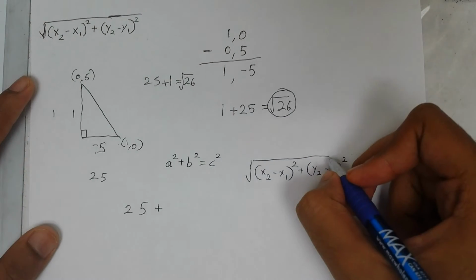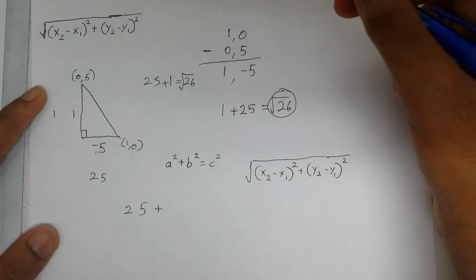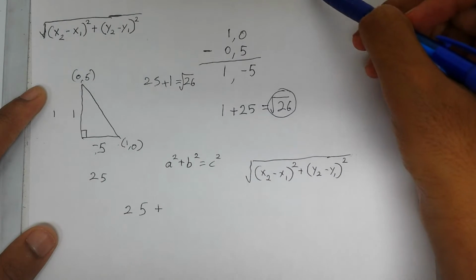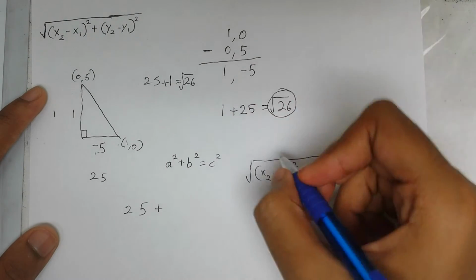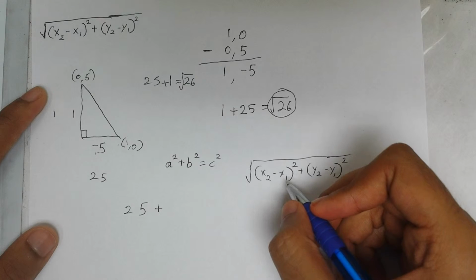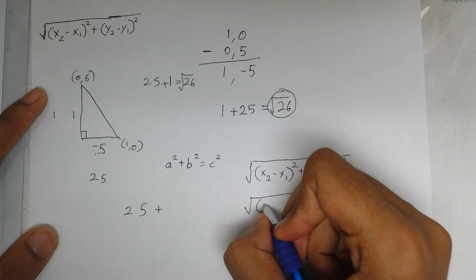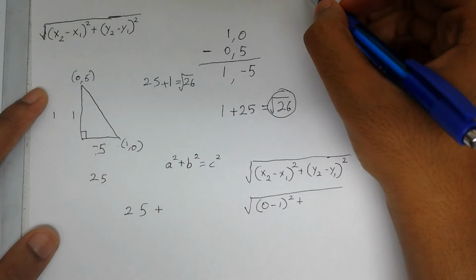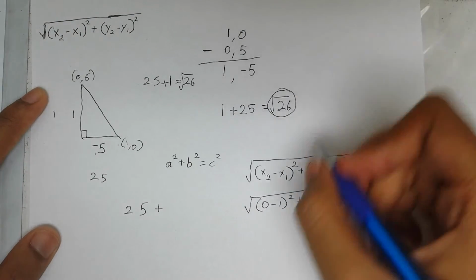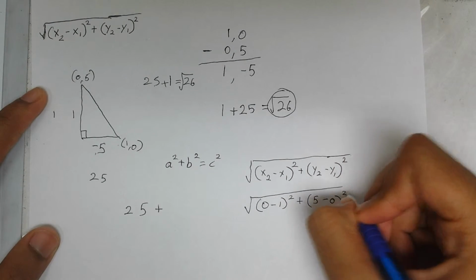Alright, so now we gotta plug in. For x2, it's 0, sorry. So it's 0 minus 1. 1 is x1. So it would be 0 minus 1 squared plus y2, which is 5, minus 0. So it'd be 5 minus 0 squared.